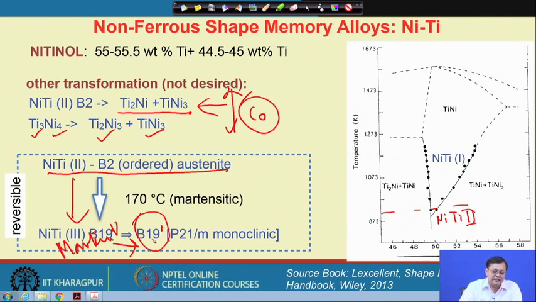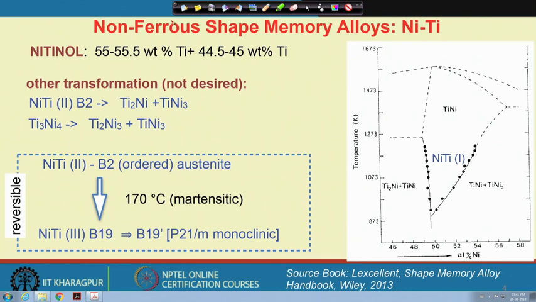So, here this dash stands for an ordered type of martensite, and this martensite has a monoclinic structure with a symmetry of P21 M. Okay. So, this M stands for monoclinic. And you could easily realize how difficult these transformations are, because once the austenite is ordered and martensite is also ordered, during reverse transformation all these ordered structures should come back, otherwise thermodynamically it is not at all favorable.